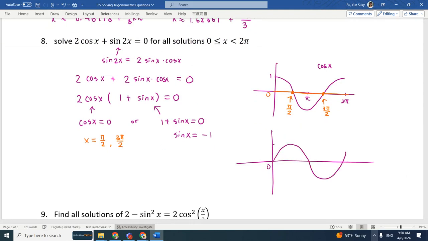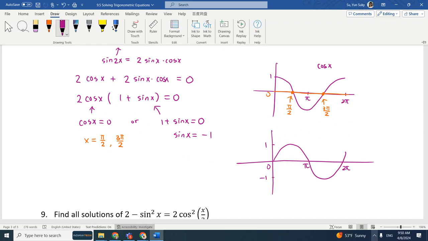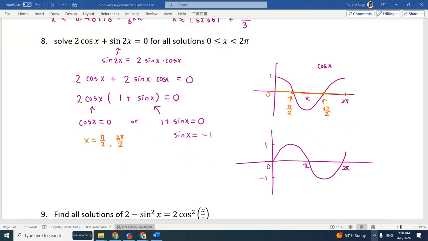It starts with 0, that's pi, that's 2 pi, and that's 1, that's negative 1. You're looking for sine equals negative 1. Tell me what this angle is. Yeah, 3 pi over 2. So x is 3 pi over 2. Do you see this and this are the same? That's why the solution is only 2 numbers. And because the range is only 0 to 2 pi, you don't have to add 2k pi.